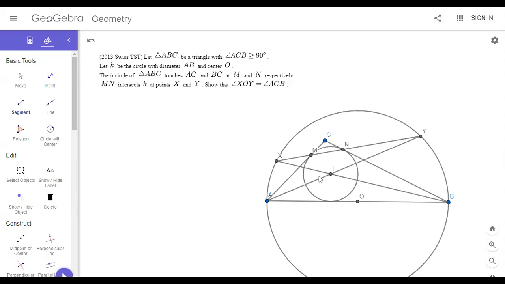So we have CI is perpendicular to MN, and we want to show YI is perpendicular to YB. So that kind of means we want to show, it's probably just angle chasing. Yeah, AIMX is cyclic.